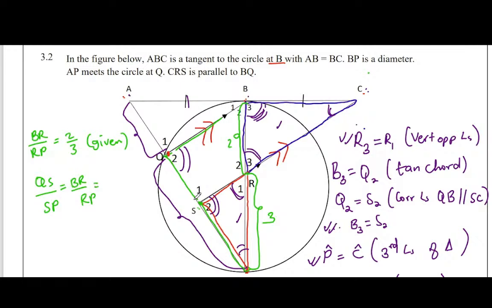Since I don't know the measurements, I can just use the letter X. So that will be 2X over 3X. The reason is the proportionality theorem: a line parallel to one side of a triangle, because these were parallel lines. So automatically the proportionality theorem applies.